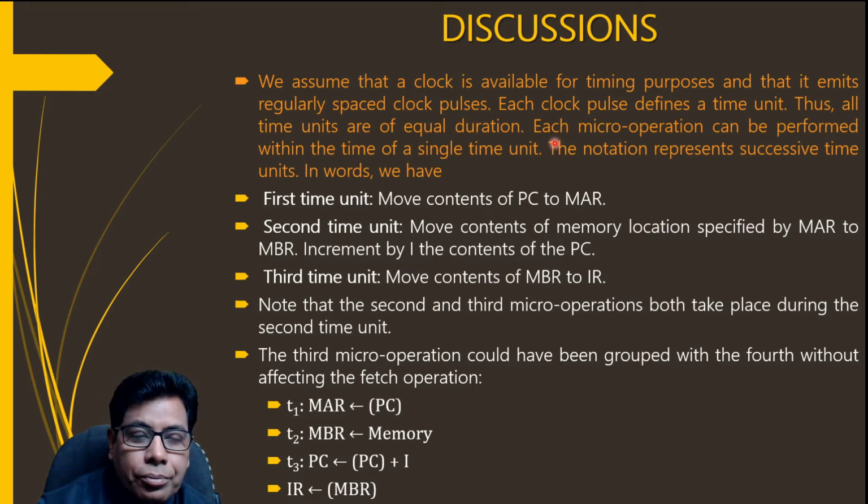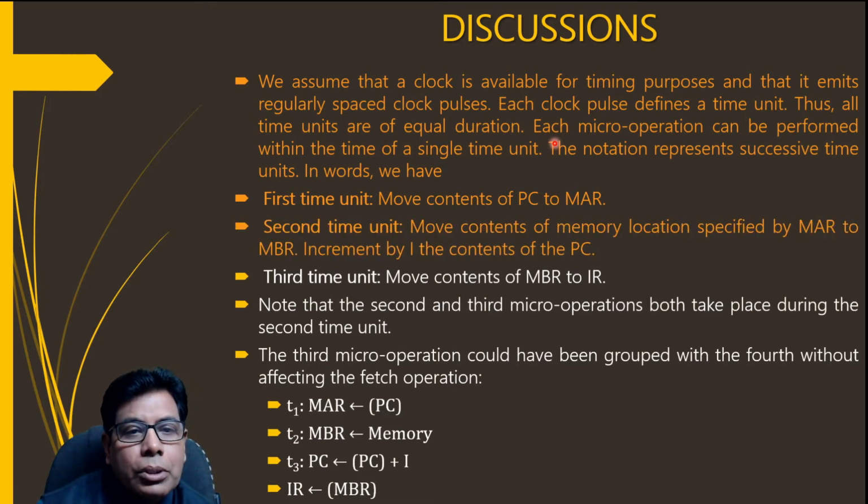So we have the first time unit T1. So the contents of PC are moved to the MAR. Then the second time unit will move the contents of the memory location specified by MAR to the memory buffer register and increment the contents of PC by I. So here I is the length of the instruction.